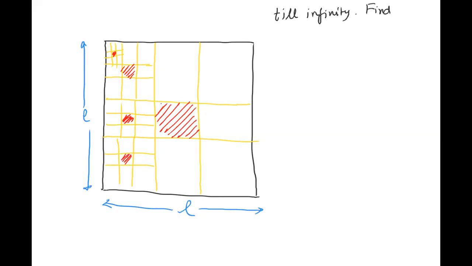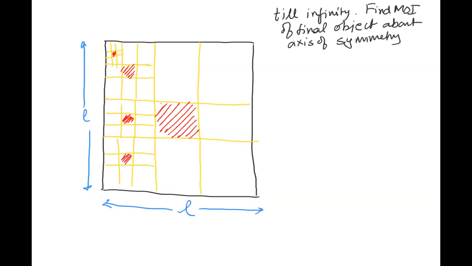Find the moment of inertia of the final object about the axis of symmetry, if the mass of the final object is M. I hope everybody is getting this.